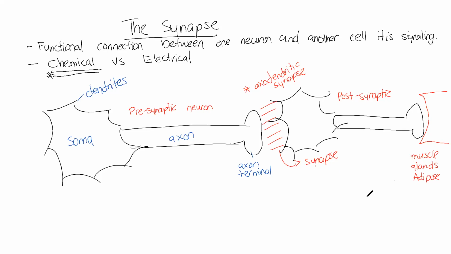Now, if it's a skeletal muscle cell, the junction is called the neuromuscular junction. Okay, so if the second cell is a skeletal muscle cell, the junction is called the neuromuscular junction.